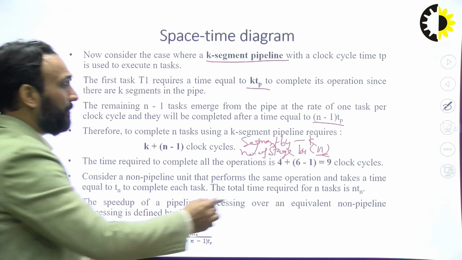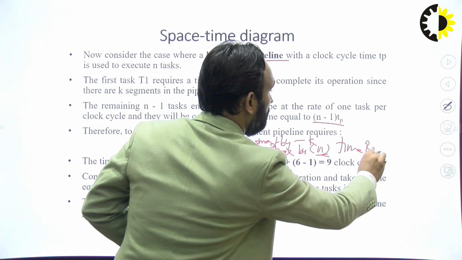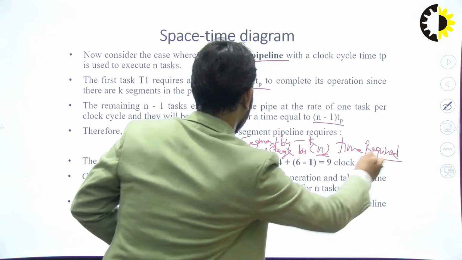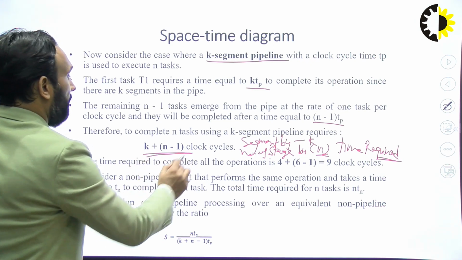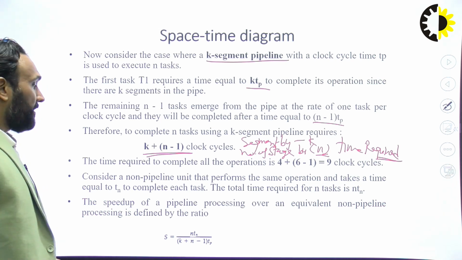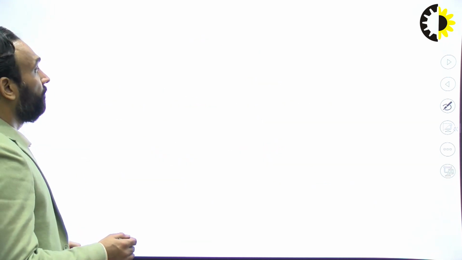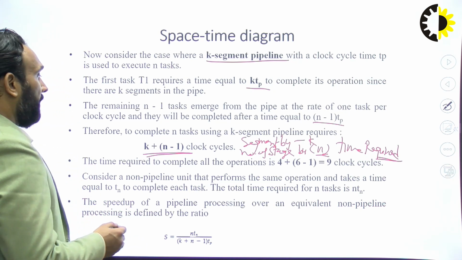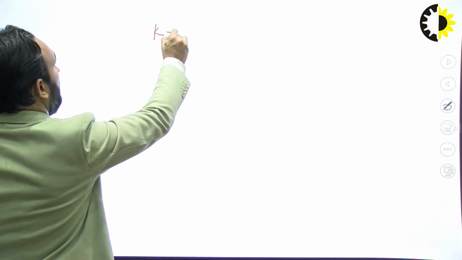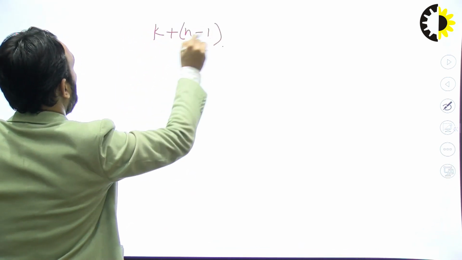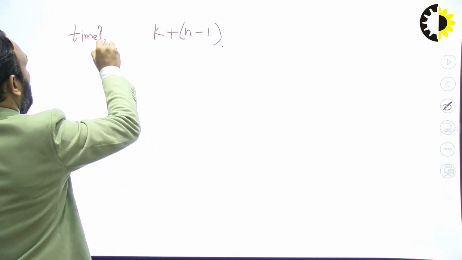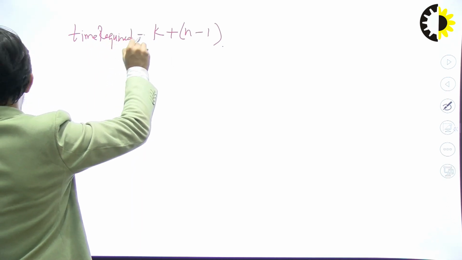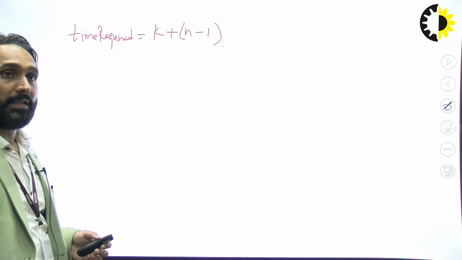So to calculate the time of an instruction, or the space time diagram, we write down the formula here: K plus n-1 time required.